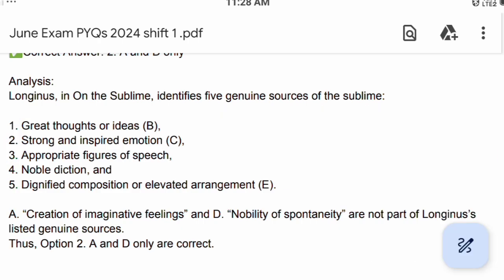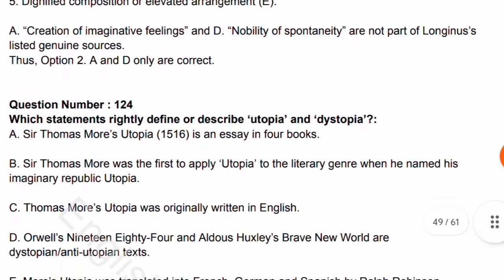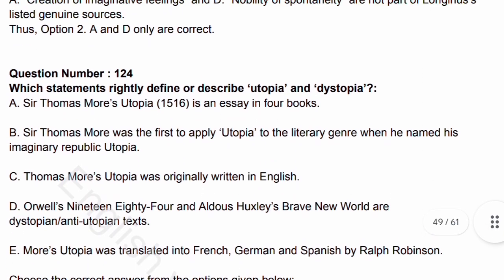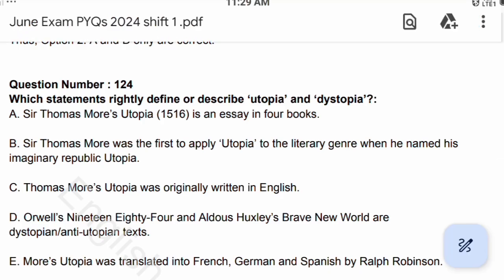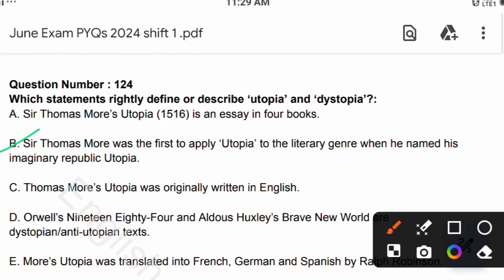Next question, everyone. See the question first. Which statement rightly defines or describes utopia and dystopia? Option A, Sir Thomas More's Utopia, 1516, is an essay in 4 books. Option B, Sir Thomas More was the first to apply utopia to the literary genre when he named his imaginary republic Utopia.